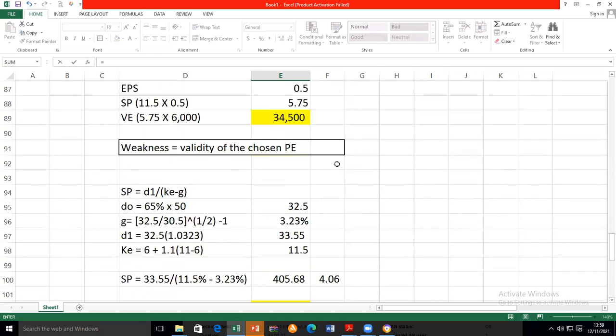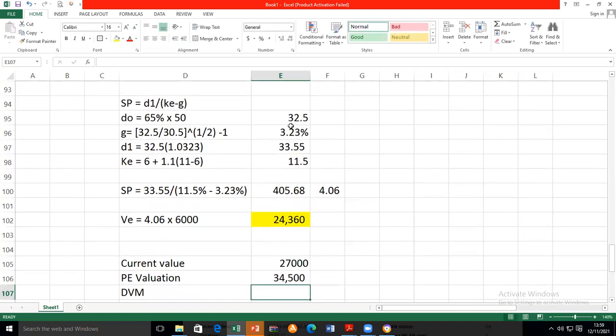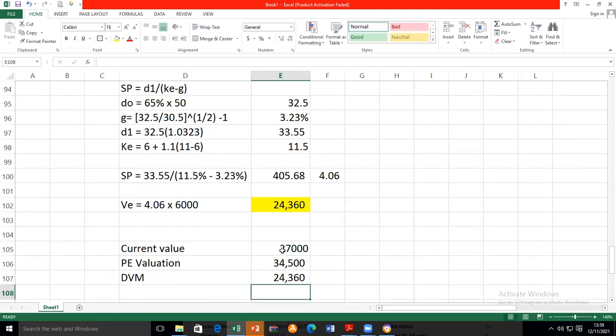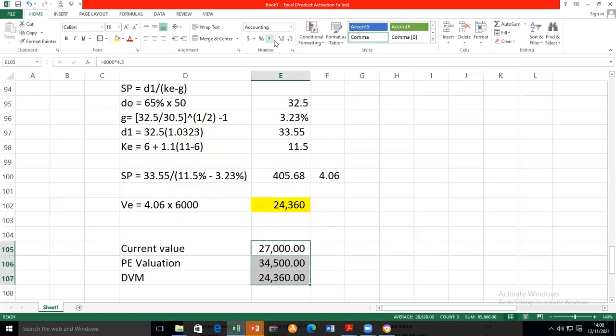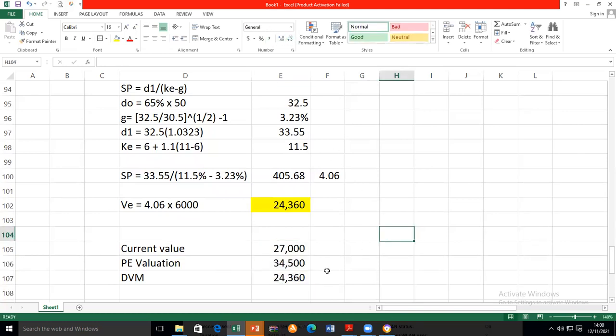The PE valuation is this one, and that one is that one. So what can you say about these values?